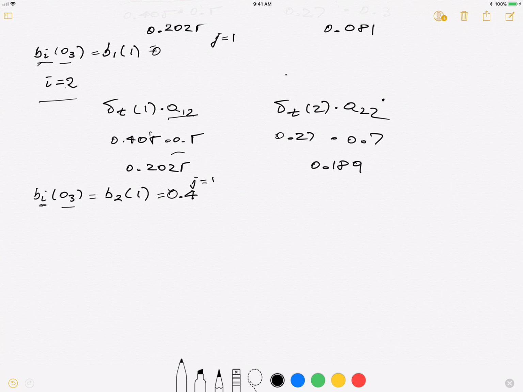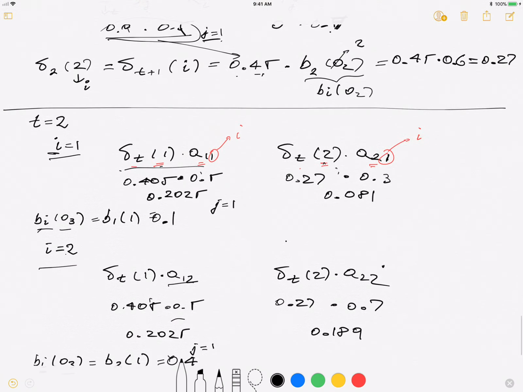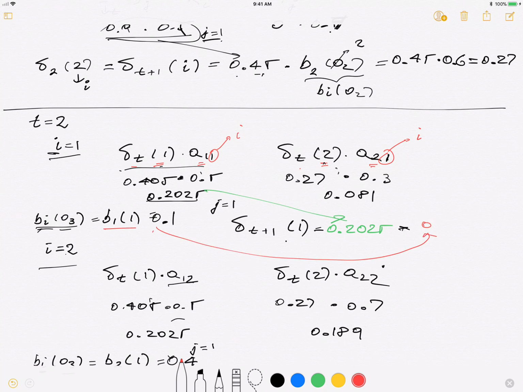Here is 0.4, here is 0.1, and I need to multiply this with the maximum value of product to get delta t plus 1 of 1. So delta t plus 1 of 1 is the maximum value of the product multiplied by B11, which is 0.1, and the result is 0.02025.